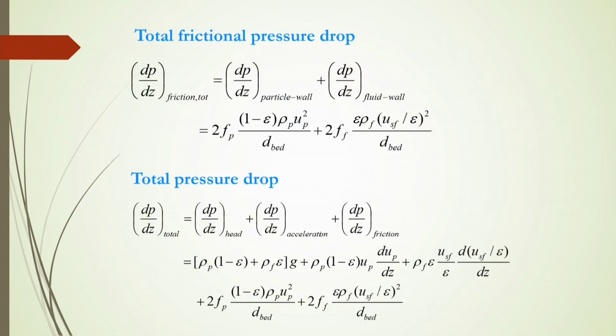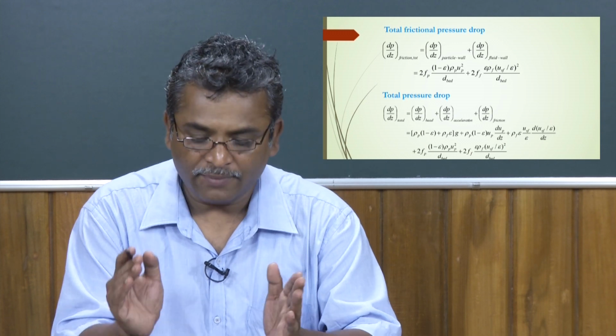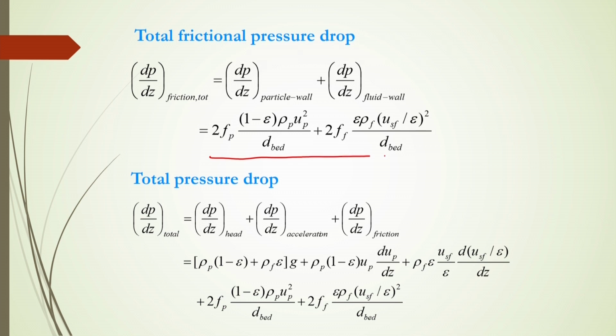Then total frictional pressure drop will be the summation of these two types of frictional pressure drop: one is particle wall frictional pressure drop, another is fluid wall frictional pressure drop. Now if you substitute the values of the particle wall frictional pressure drop and the fluid wall frictional pressure drop, then you will get this equation here.